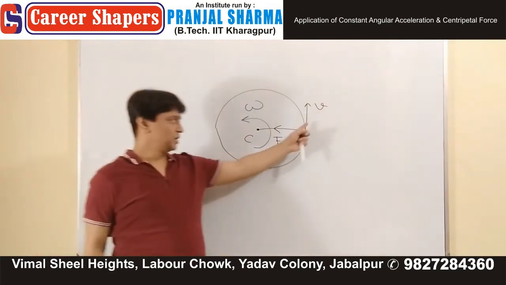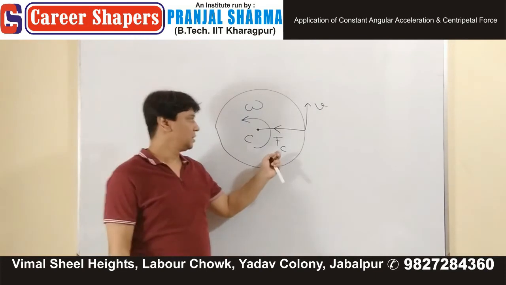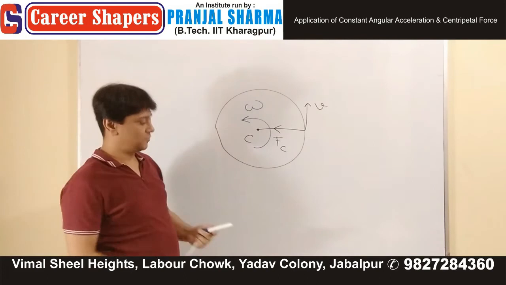So tangential is V. We know what FC is, m v square upon r. But I need FC in terms of omega.